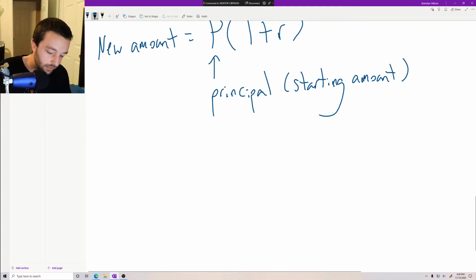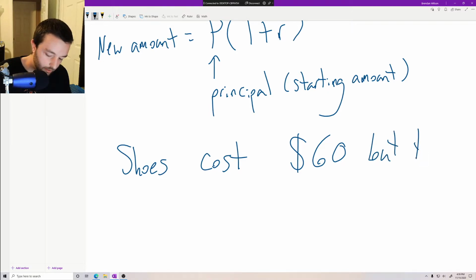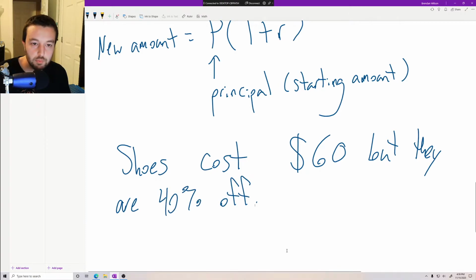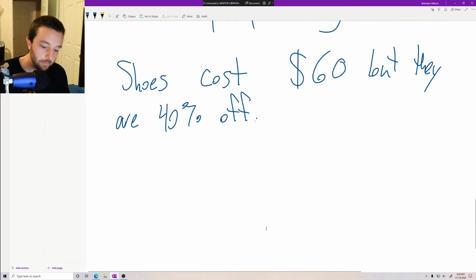So if something is, let's say like some shoes cost $60, but they are 40% off. Okay. They're 40% off. So we take the original price and we decrease it by 40%.